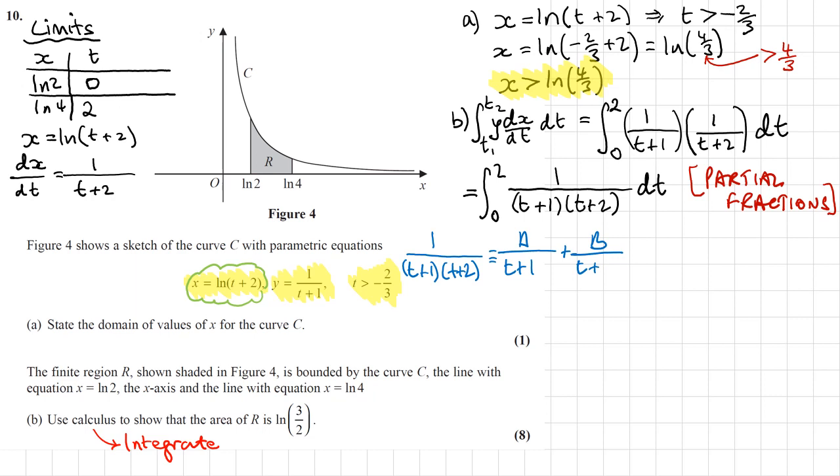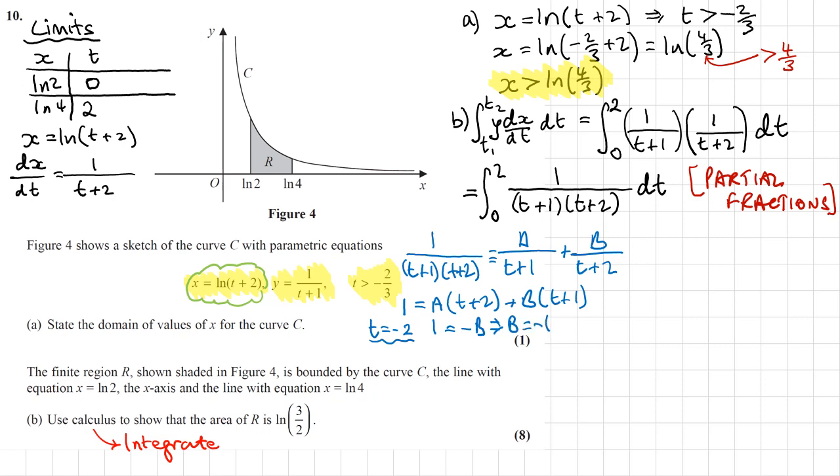If I make the denominators the same, then the numerators I can equate to each other. So I'll have 1 is equal to a times t plus 2 plus b times t plus 1. Let's work out the values of a and b. So if I make t equal to negative 2, what will happen is this will disappear and I will have 1 is equal to, putting negative 2 here, I'll get negative 1, so 1 is equal to negative b, which means b is equal to negative 1.